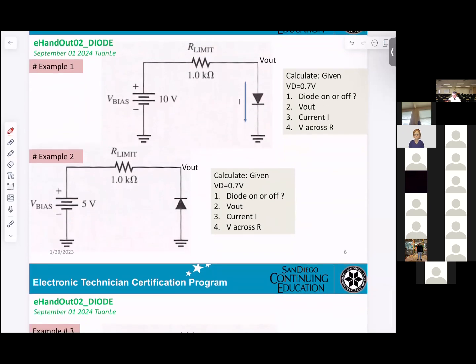Now for this example number 1, calculate given VD equals 0.7. Number 1, is the diode on or off?